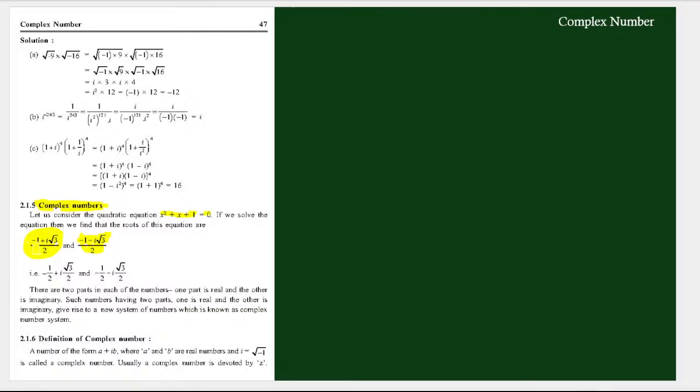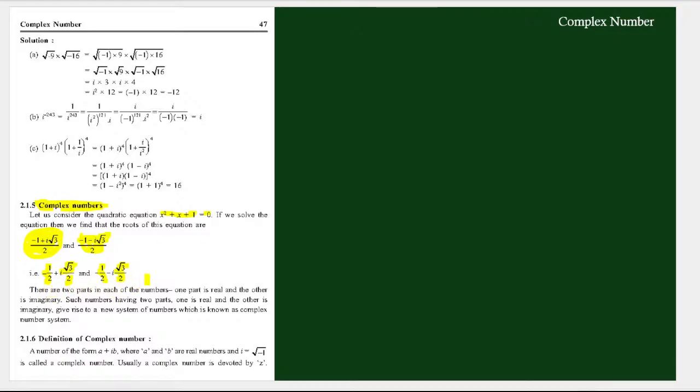Now you see here, minus 1 we can break like this: minus 1 by 2 plus i root 3 by 2. So we can make two parts. One is the pure real number, 1 and 2, and here we have got the pure imaginary number. Here also the same: minus 1 by 2 minus i root 3 by 2. So along with the real number, who came now? The imaginary number.